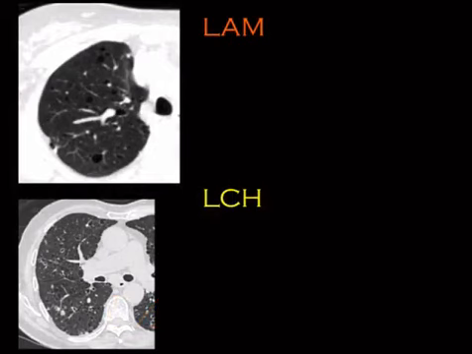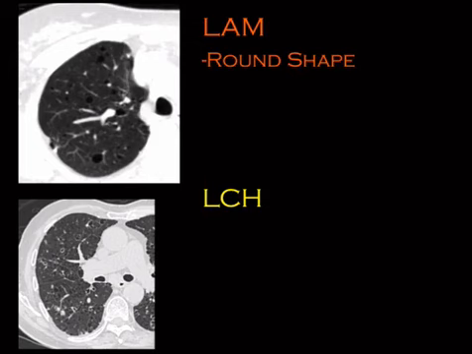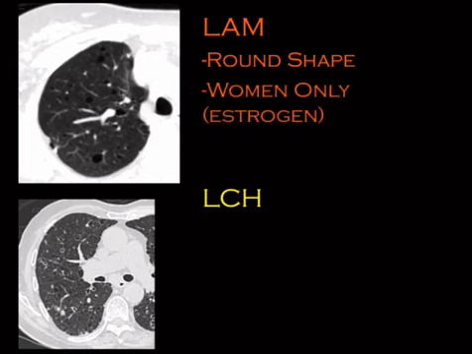The way that I keep that straight is LAM is an estrogen-dependent process. It's going to affect the whole lung sort of homogeneously. That's why all these cysts are the same size. You only see it in women or girly men. Tuberous sclerosis is the syndromic association. They could show you an AML and then show you lungs. LCH is smoking related.